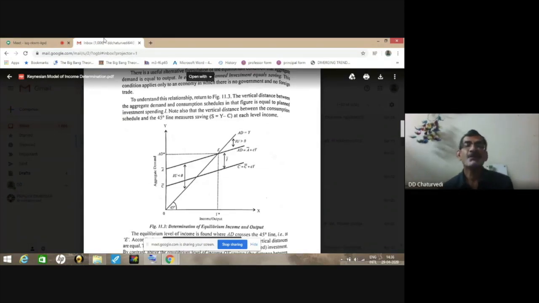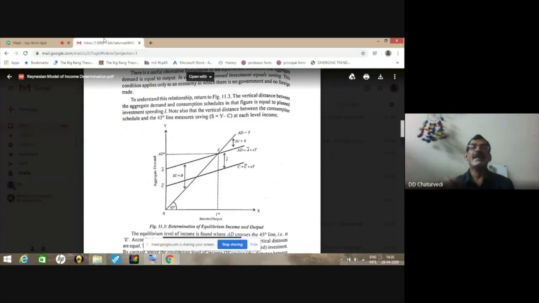Second point, for any given level of A bar, the equilibrium level of output is going to be greater when MPC is greater. You know that when MPC is higher, the aggregate demand curve will become steeper. I think, students, you remember steeper demand curve means there is high slope, and flatter demand curve means there is less slope.